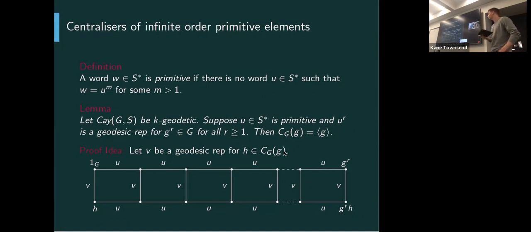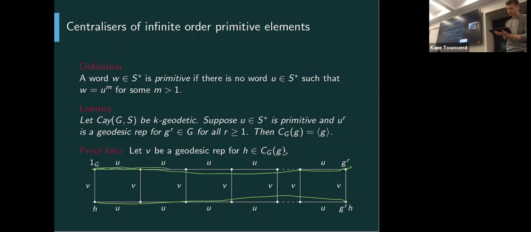And you can see we sort of get this ladder structure, but we can't continue in this way. The key thing is that this is indeed a geodesic because that's part of our assumption, and this is also a geodesic. So this means that eventually these actually have to join together in some way.